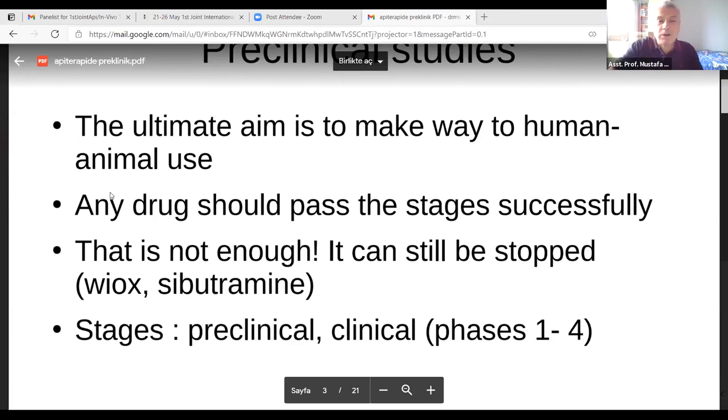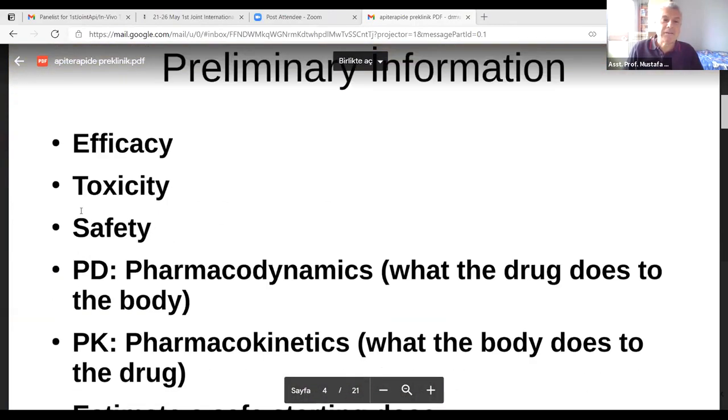Therefore, if we look at the development of any drug, we have a preclinical stage and a clinical stage. Clinical stages we all know about, because of COVID: there are phase 1, phase 2, which we all know now because of the vaccination procedure. But let's look at the preclinical stage a little bit in detail.